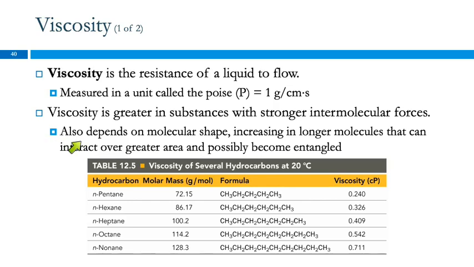The molecular shape has a big effect on this. So you've got types of intermolecular forces, but like we mentioned earlier, when you have shapes of molecules that can interact at a larger surface area, the attraction between them is greater. Here we can look at the viscosity, we see that it increases as we increase the size of these alkanes, these hydrocarbons. These are all straight chain hydrocarbons, and there's rotation around the single bonds.